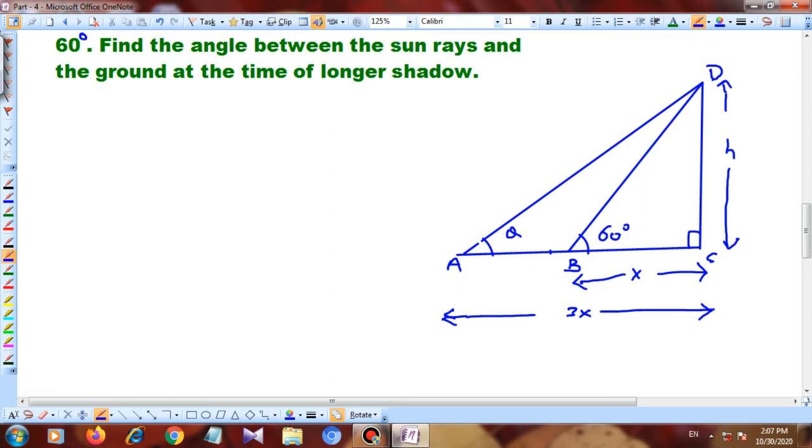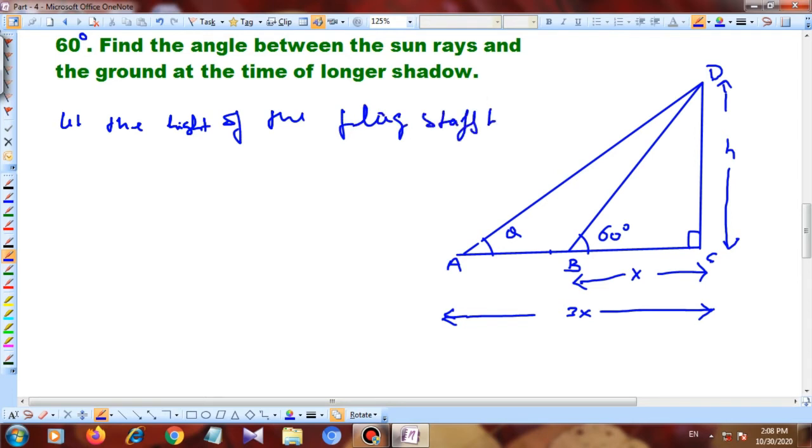So the statement will be, let the height of the flagstaff is h and the elevation at B and A are 60 degree and theta respectively, right?